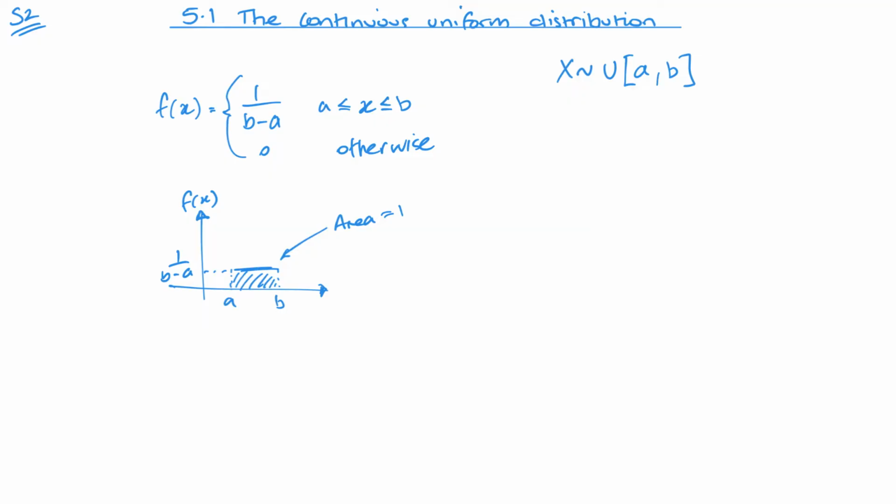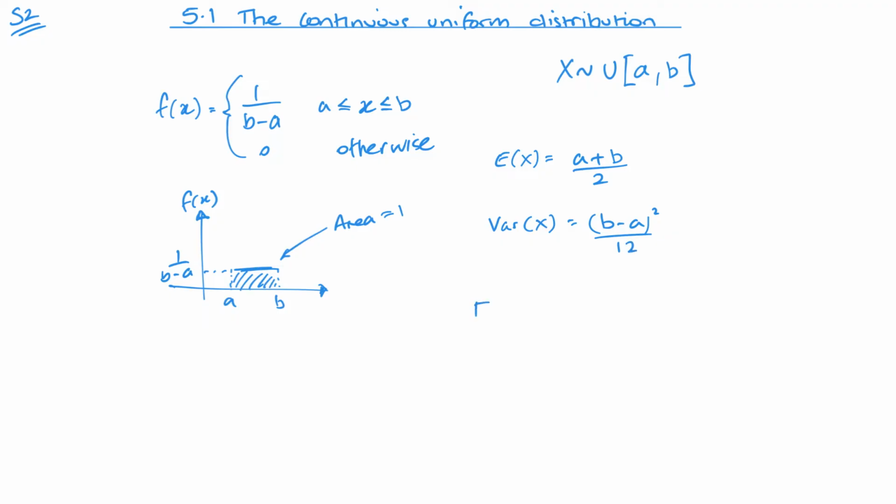Now, I won't go through actually working these out. You can have a look at your notes and you can find other videos on that. But I'm just going to state them. Your mean, your expected value, E of x, is simply a plus b over 2. Your variance of x is b minus a squared over 12.